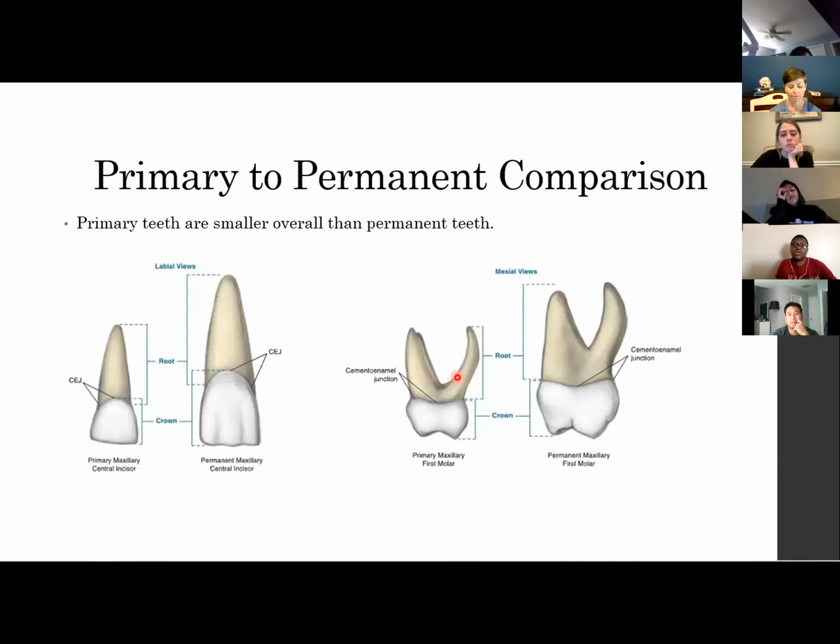Oh, yes. So when the permanent teeth are coming to replace the primary teeth, does it cause the gums to kind of recede or something like that because they are much larger? I don't know if the word is recede, but as if the gums are too small.